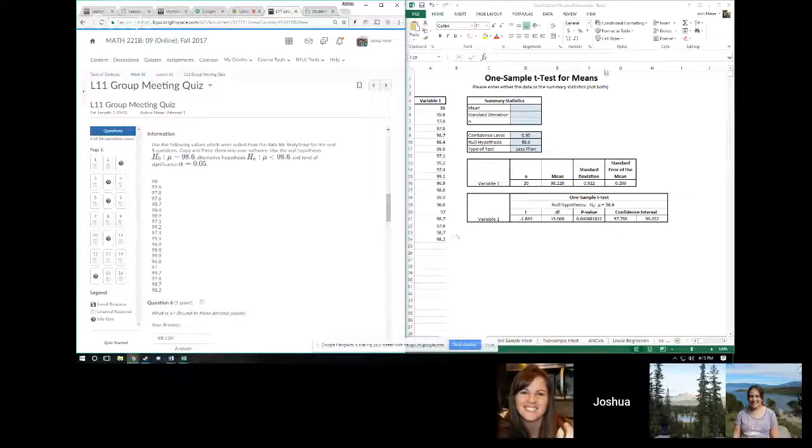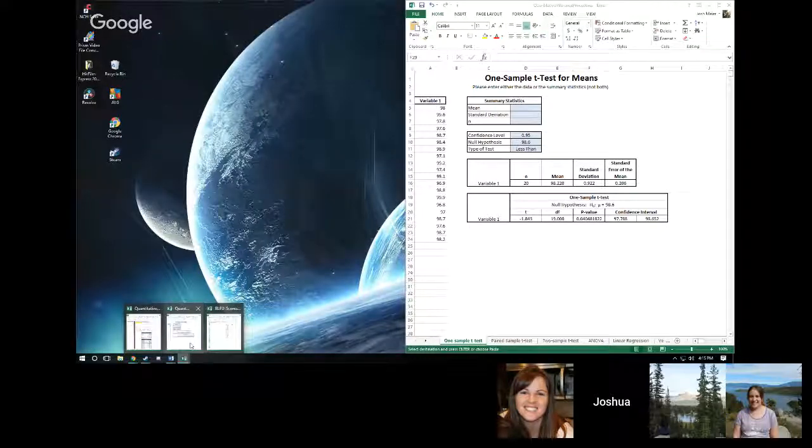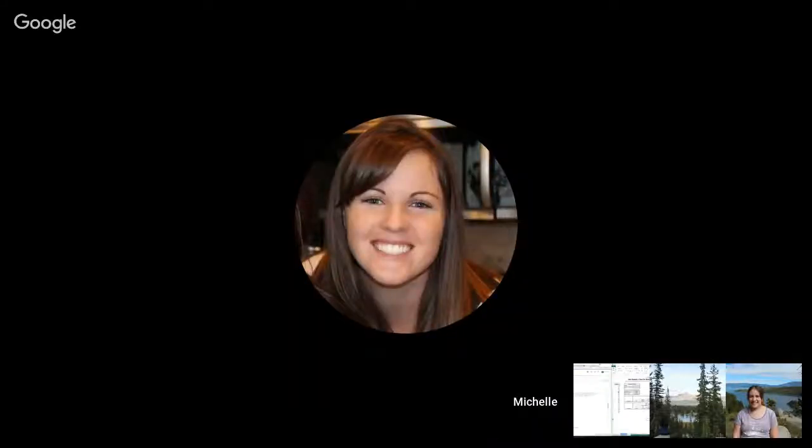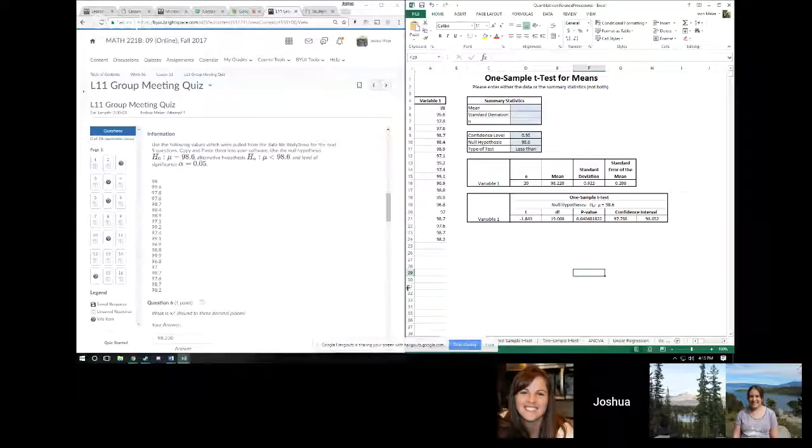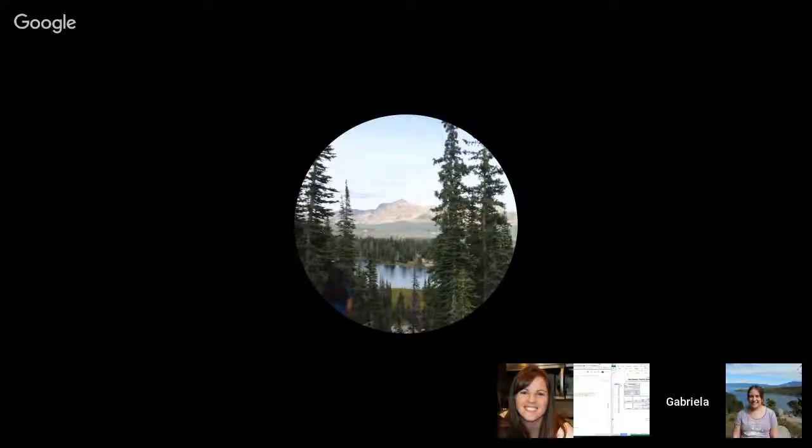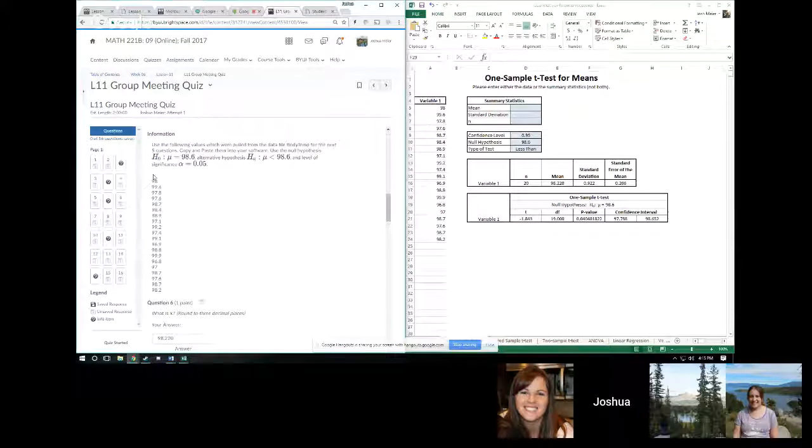No, the one I have has stuff in it. So yeah, you're going to want to clear the whole column. Enable editing. And then you can't really copy and paste those numbers into Excel. You're going to need to type them in individually.